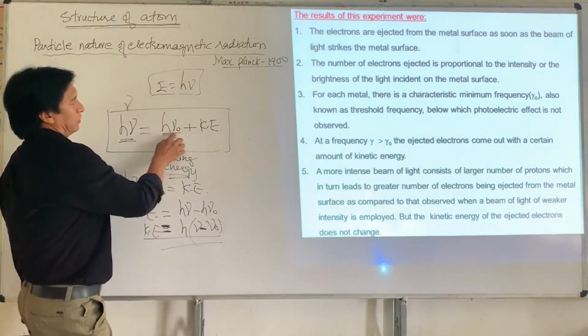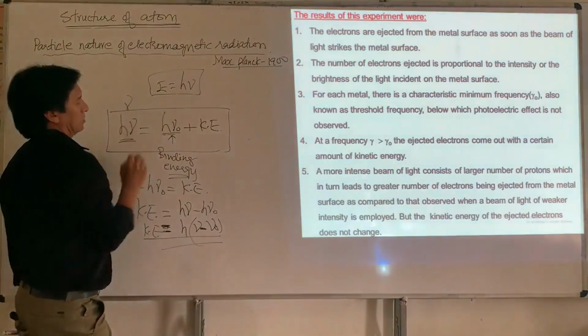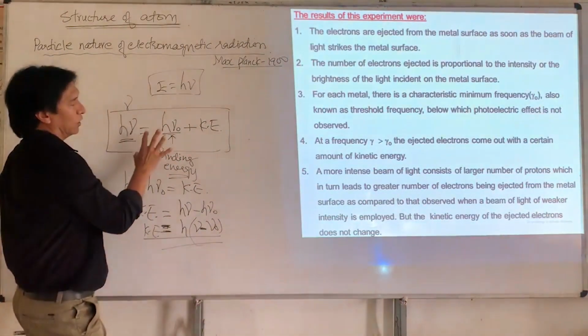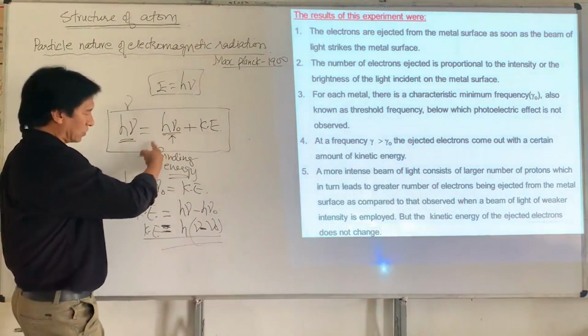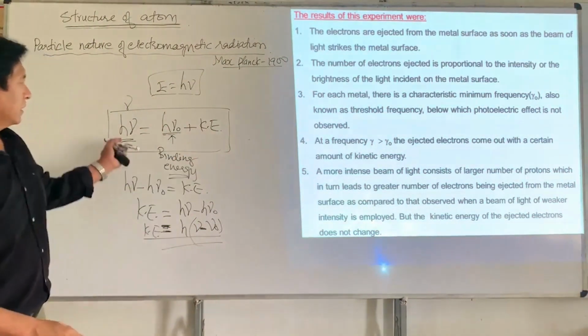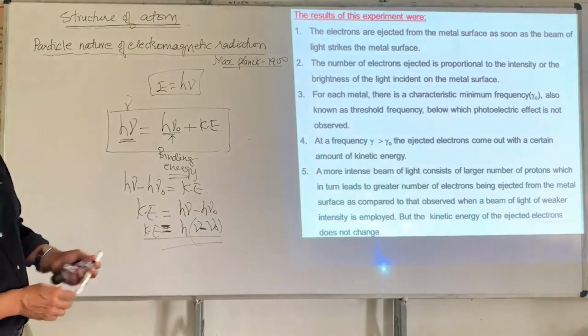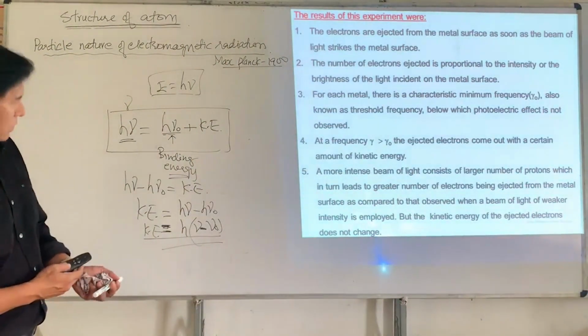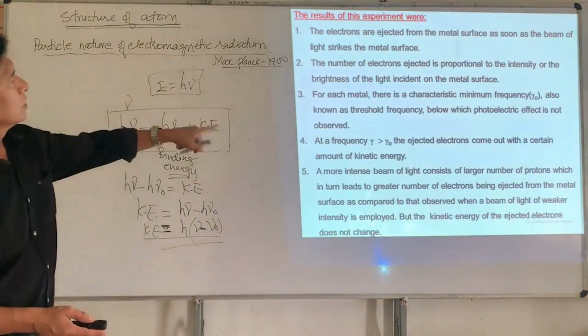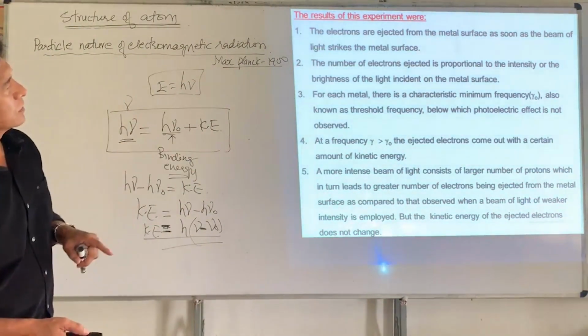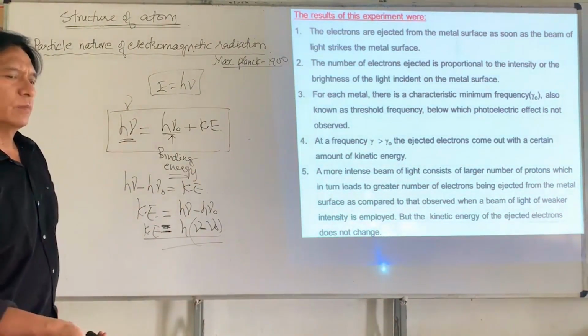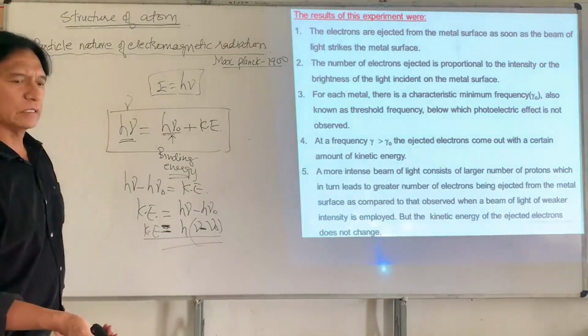When you multiply these two, you get the minimum energy required to remove the electron from the metal surface. It's called the binding energy, and the rest of the energy is given to the electron as kinetic energy. That's it. So this is all about the results of this experiment by Heinrich Hertz.